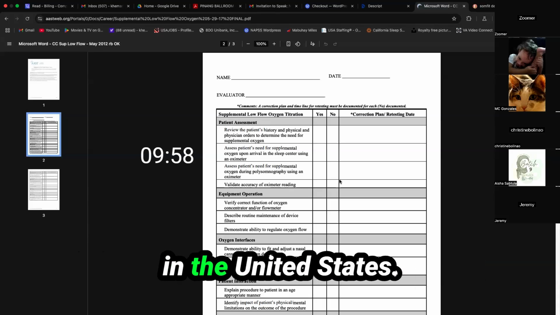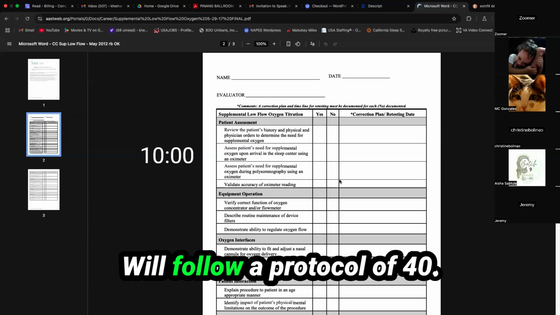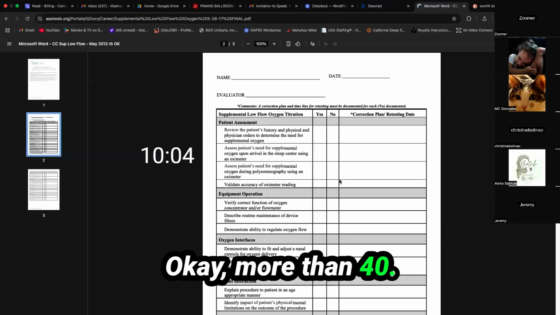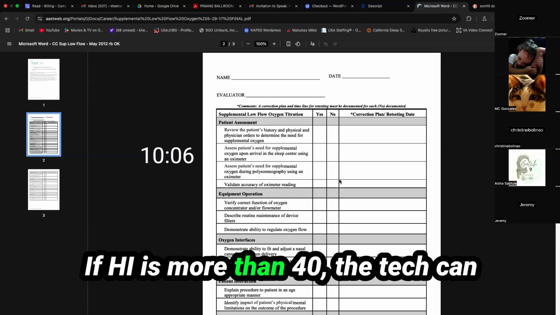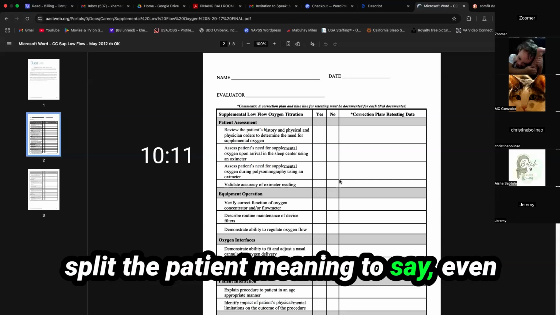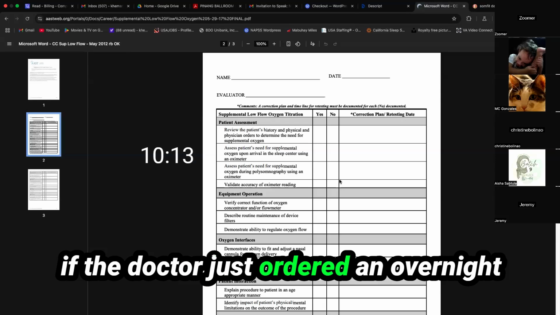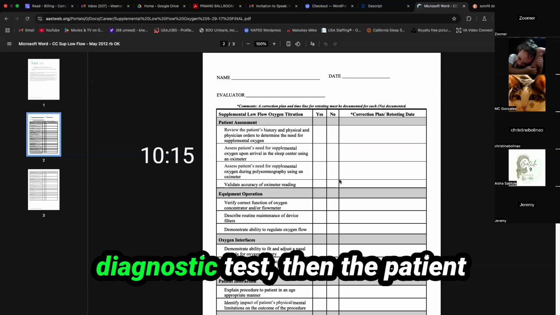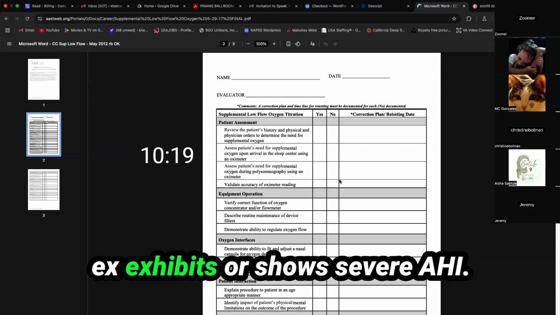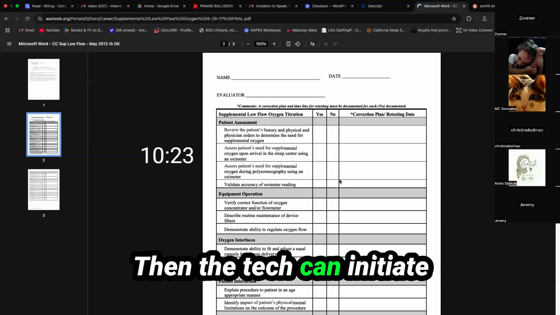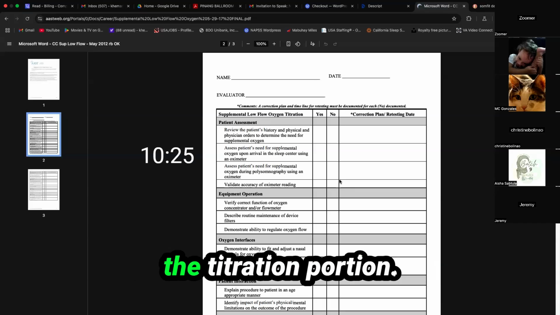Most of the sleep labs in the United States will follow a protocol of more than 40. If AHI is more than 40, the tech can split the patient, meaning even if the doctor just ordered an overnight diagnostic test, and the patient shows severe AHI, then the tech can initiate the titration portion.